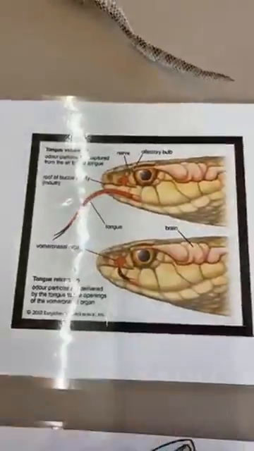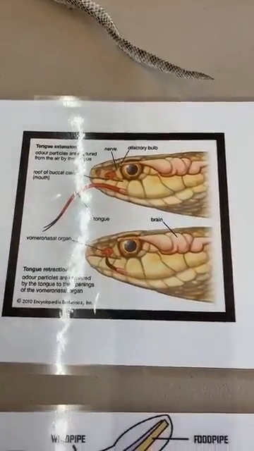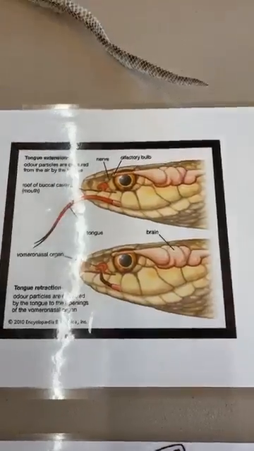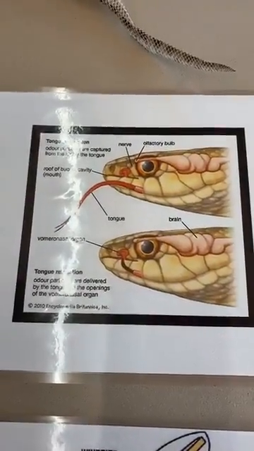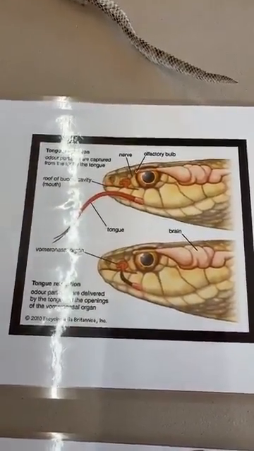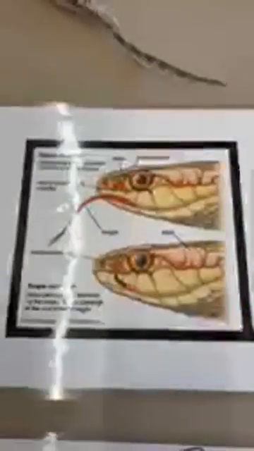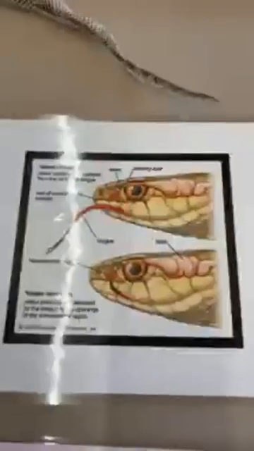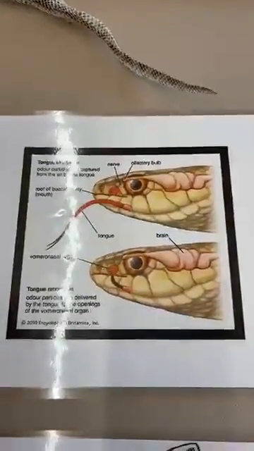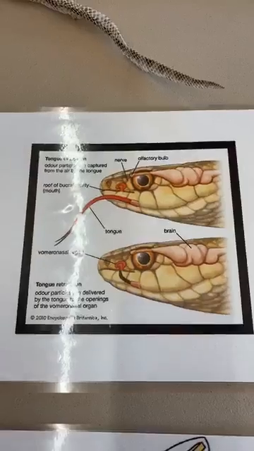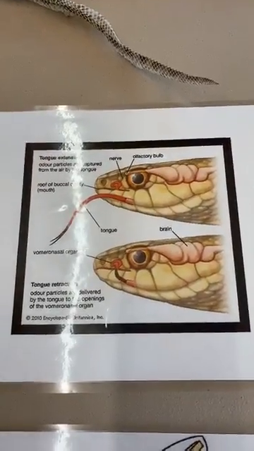One other thing I wanted to talk about before we bring the live snake out is how snakes use their tongue. Some of you may know, but some of you may not, that they use their tongue to smell the way we use our noses. They'll flick their tongue out, and they will gather all those invisible little scent particles that are floating through the air, the same way we use our nose.